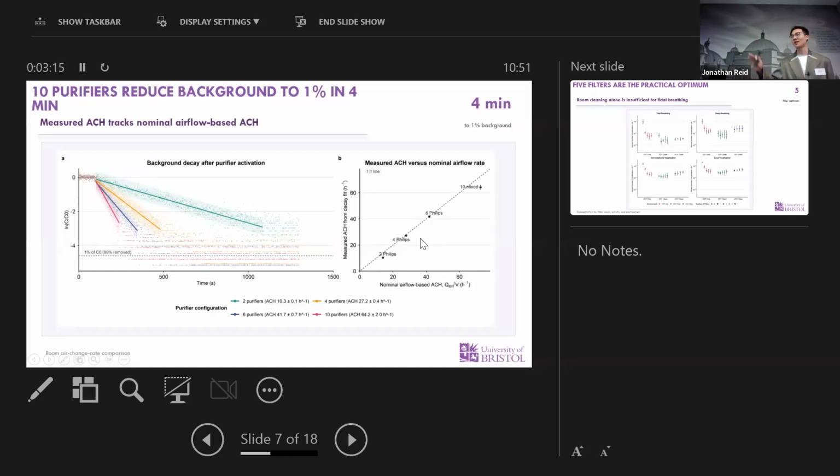And seen from the figure on the right, with 10 purifiers, the measured ACH is actually lower than the nominal ACH, meaning that the benefit of more than 10 purifiers is actually quite limited. We suspect there might be infiltration of particles into the room, like particles from the corridor, because of too many filters. So that's why we finally decided to use 10 purifiers in that room.